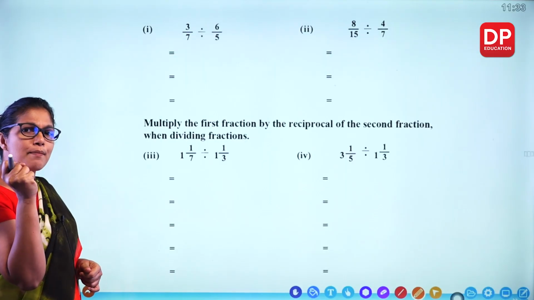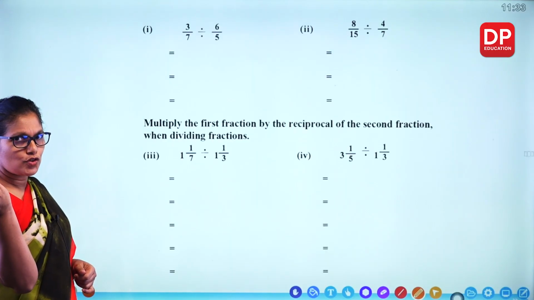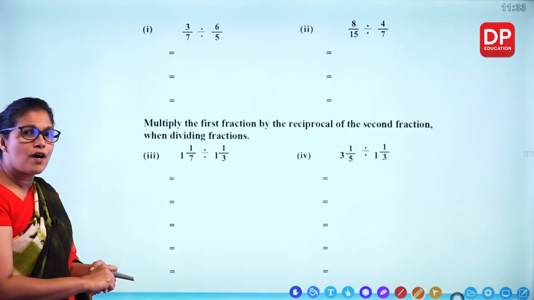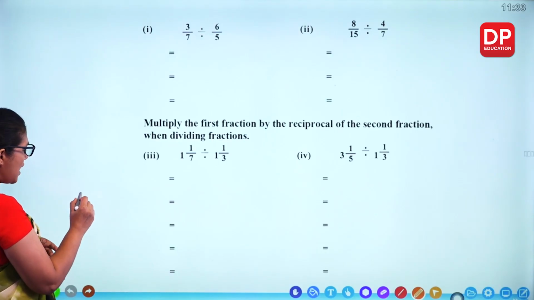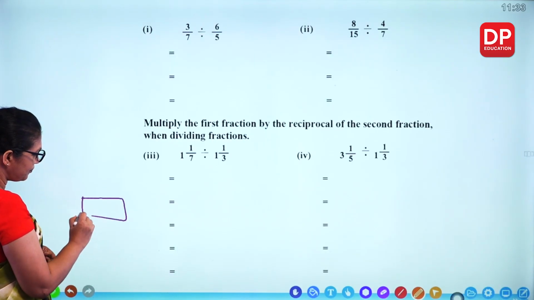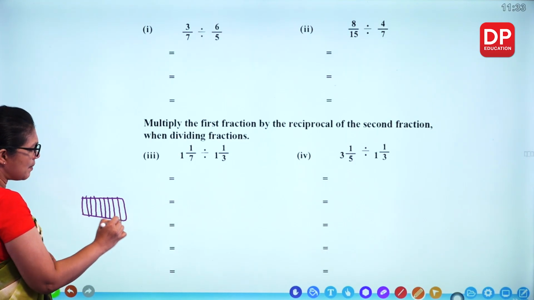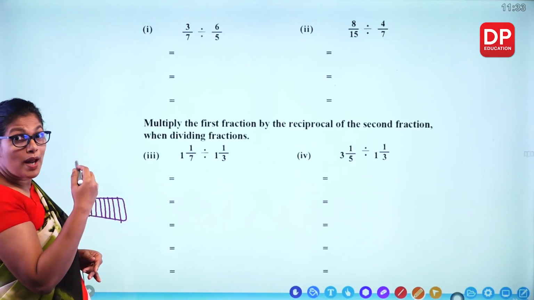Take 10 divided by 2. 10 divided by 2 is 5, so you get 5 parts. 10 divided by half: how many half parts are there? If you take 10 and divide by half, how many total parts are there now? You get 20 parts.